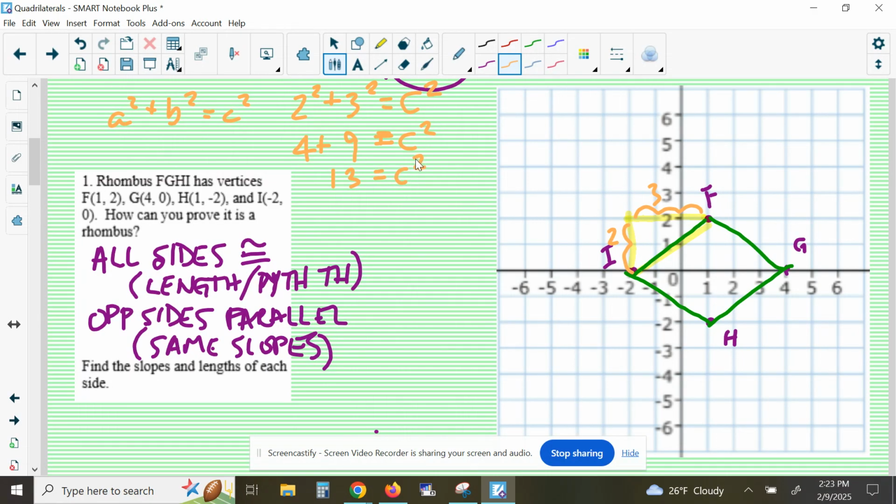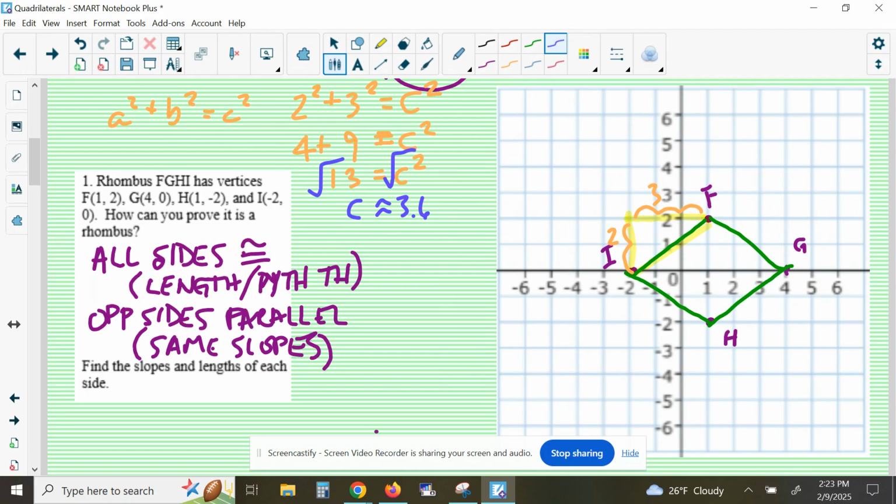Remember to undo a squared, I need to square root. So in my calculator, make sure you do it with me. You should be hitting the second x squared button, and that gives you the radical with the parentheses, and put a 13 in there, and you get 3.6 approximately. So C is approximately 3.6.